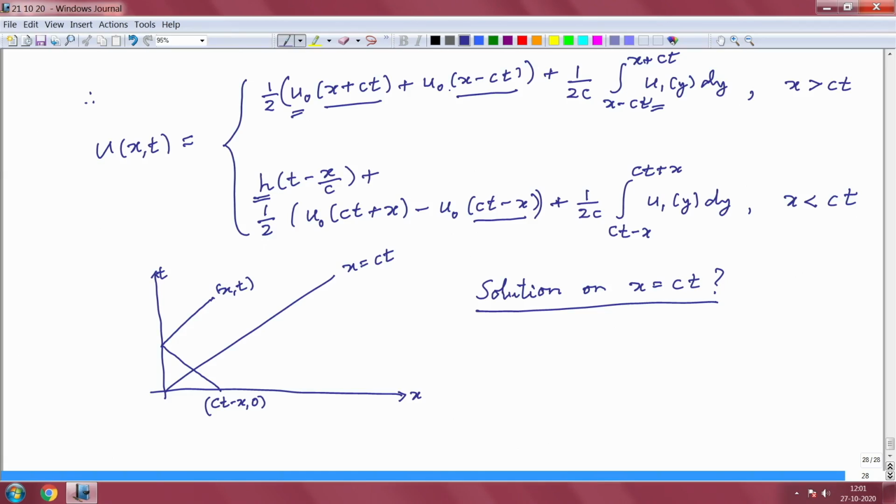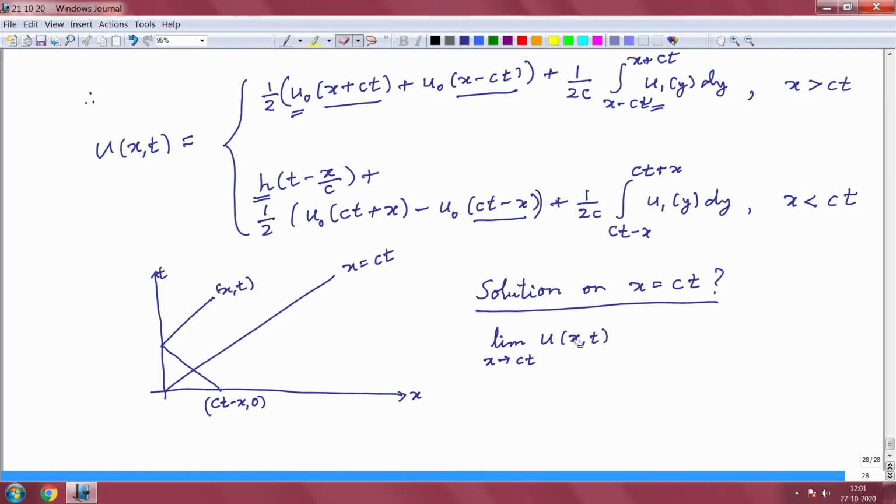So, for example, let us compute the limit of u(x,t) as x approaches ct, or in fact, you can even do better.